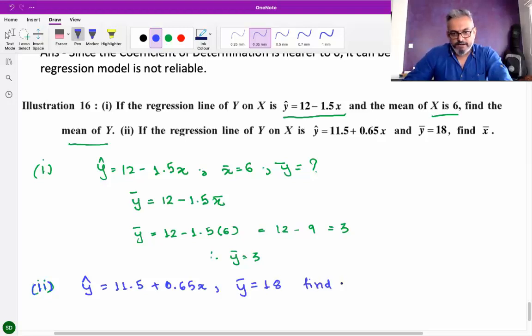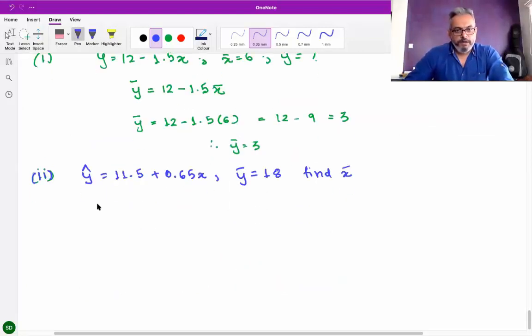Find x bar. So now again we use the same formula. Y bar is equal to 11.5 plus 0.65x bar. Now let's substitute.